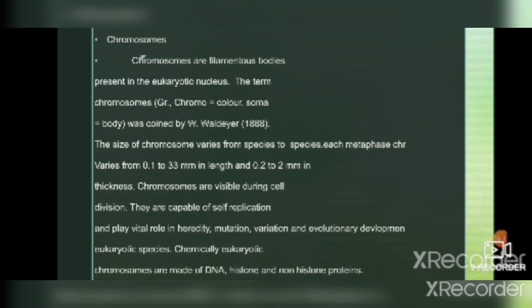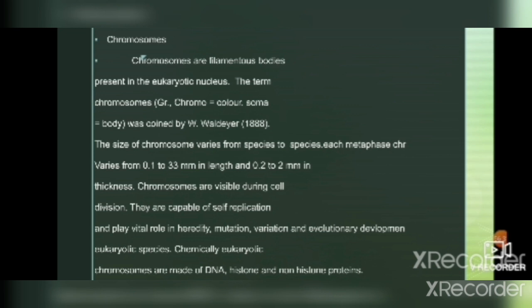Each metaphase chromosome varies from 0.1 to 33 micrometers in length and 0.2 to 2 micrometers in thickness. Chromosomes are visible during cell division. They are capable of self-replication and play a vital role in heredity, mutation, variation, and evolutionary development.